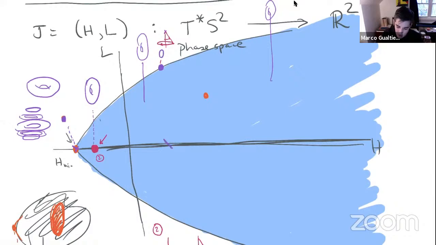yeah, there's a special point here somewhere, which depends on the size of the sphere, where, I mean, this is just for your information, it's not in this class really. The fiber turns out to be a singular torus, which looks like this, a pinched torus. So there's only one fiber, which is exactly like that.